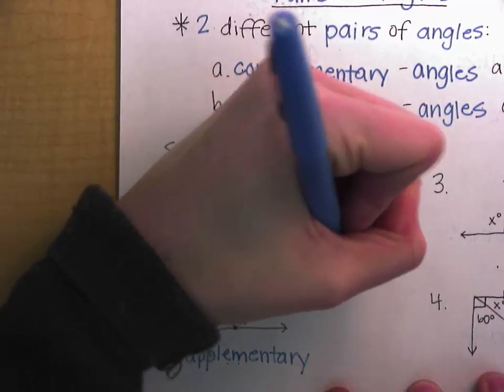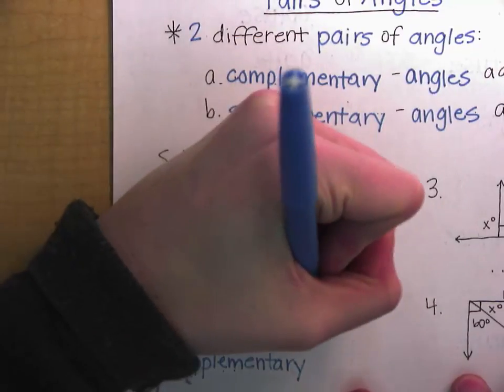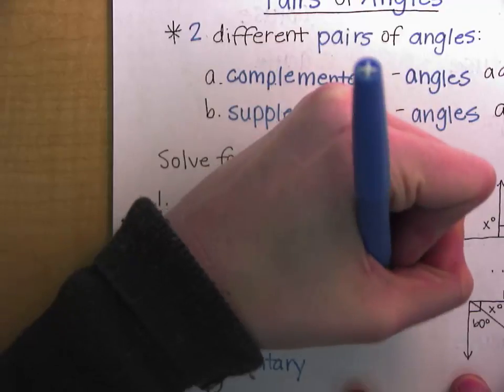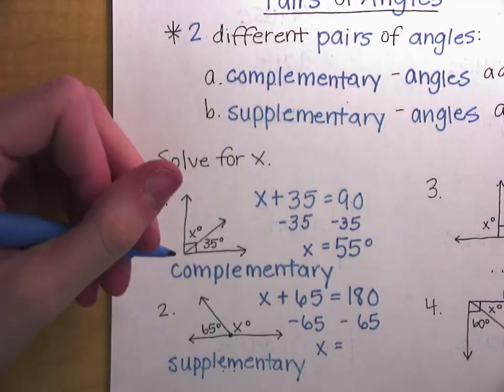Angle plus 65 is going to equal 180. So I'm looking for the supplement of 65 degrees. So I would subtract 65 on both sides. And what do I get?